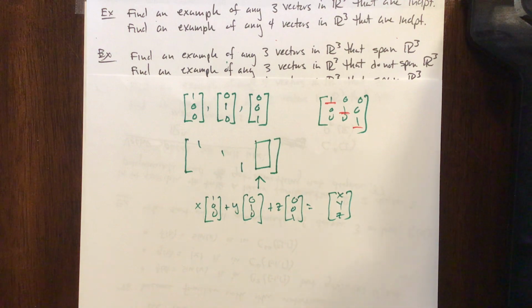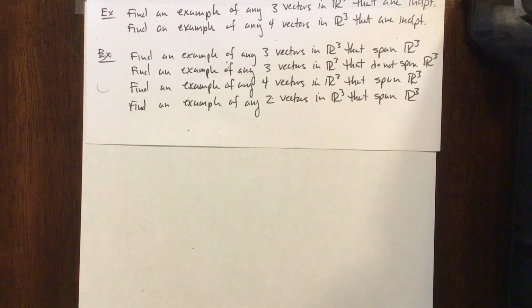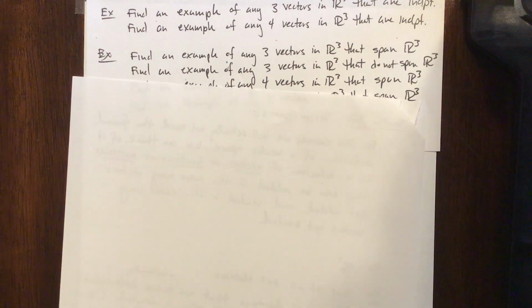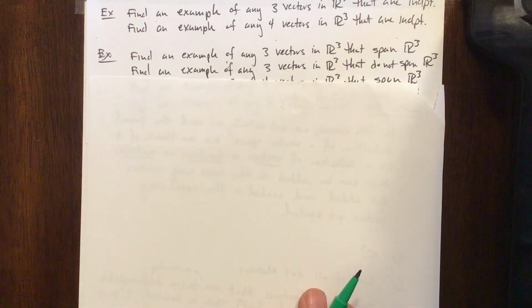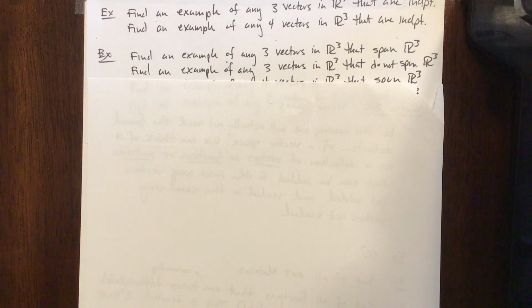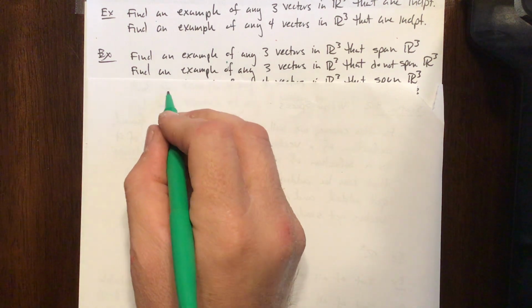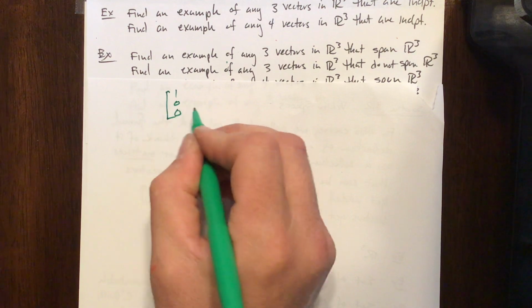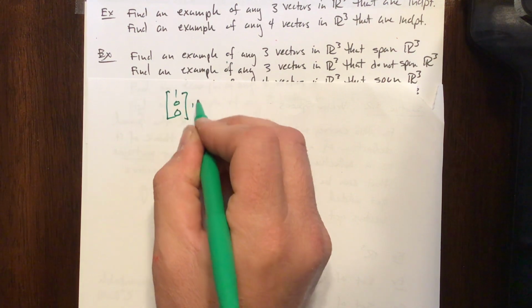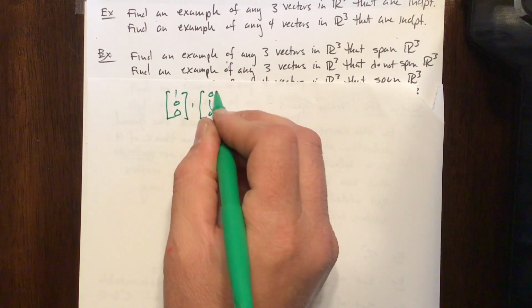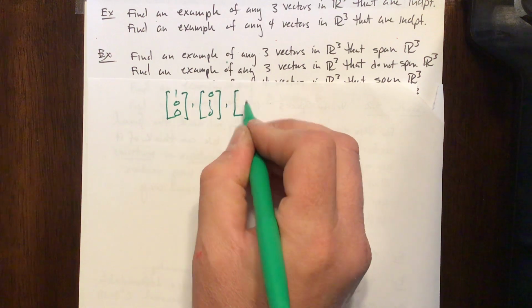All right, find an example of any 3 vectors in R3 that do not span R3. So we want 3 vectors in R3 that do not span R3.